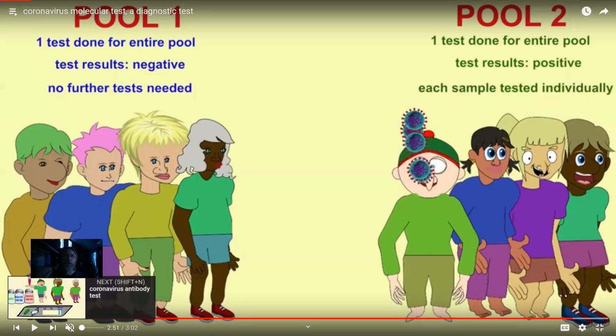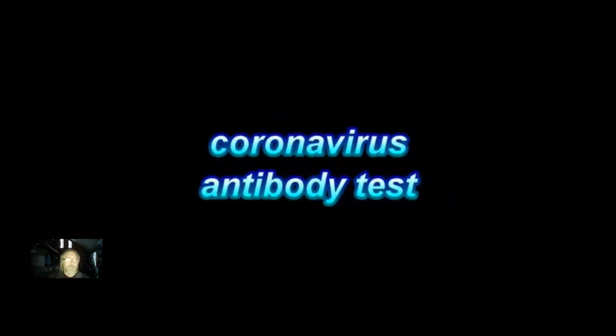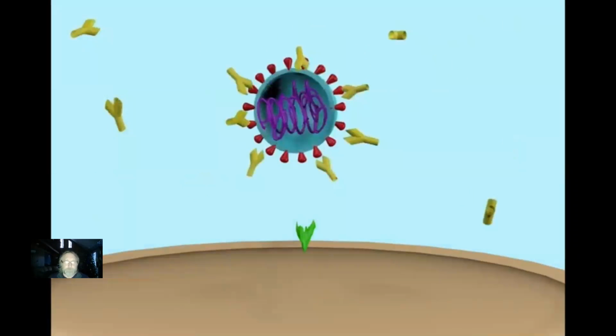So that is what's called a molecular test, testing for the RNA. And it is a diagnostic test, which would allow you to diagnose that this person currently has coronavirus and is capable of infection.